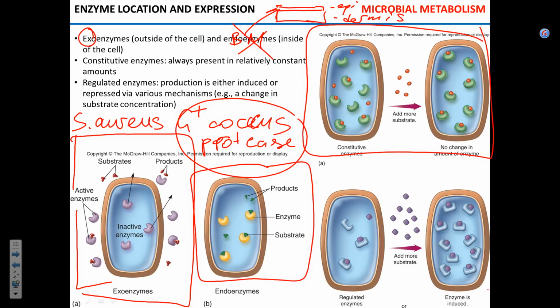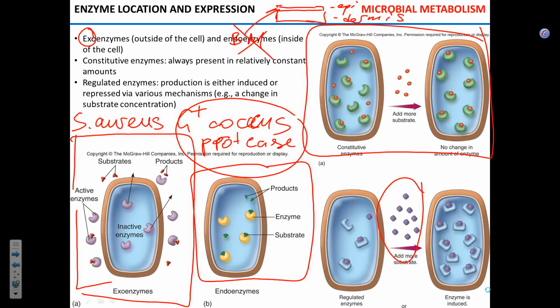All right? And enzymes can be regulated. They can respond to, for example, change in the substrate levels, or they can respond to changes in temperature or pH or whatever you can think of. Okay? You see the difference between constitutive and regulated enzymes?